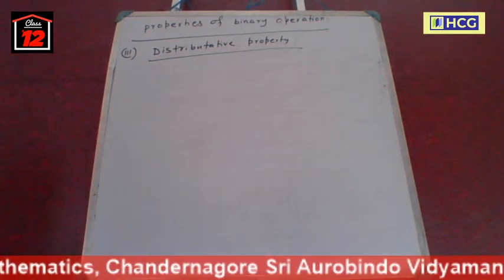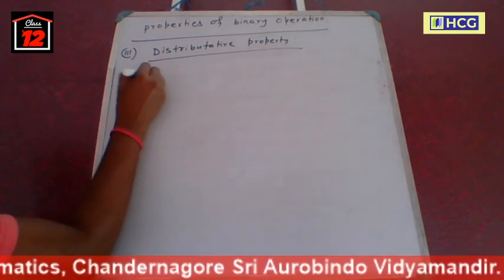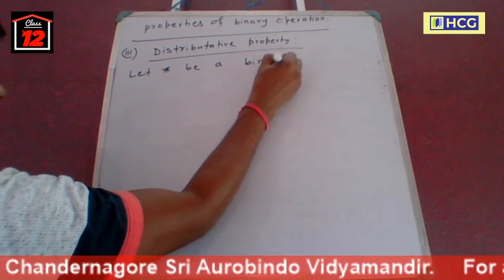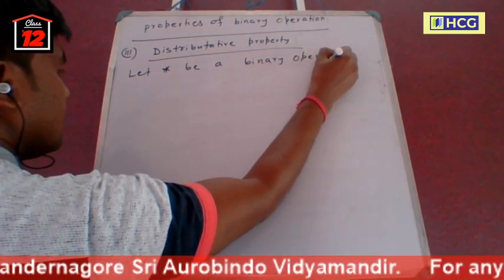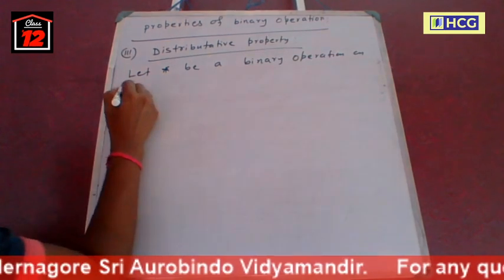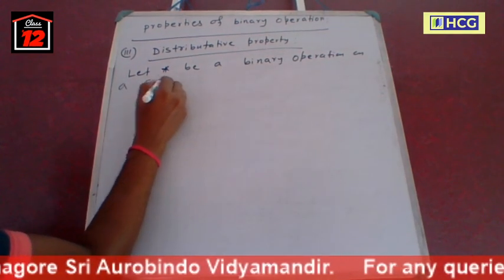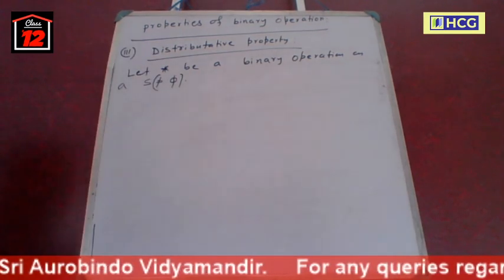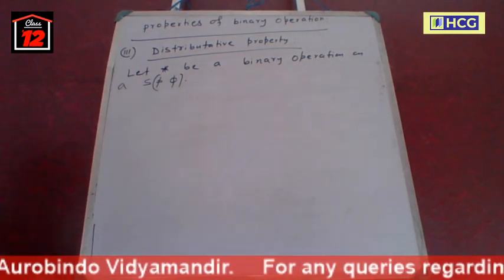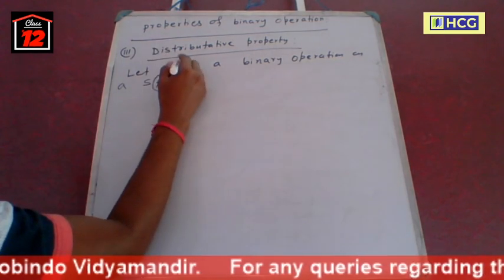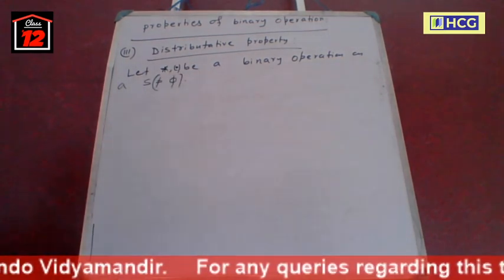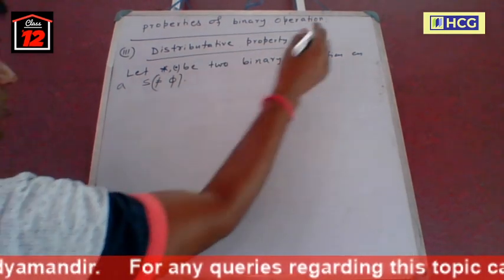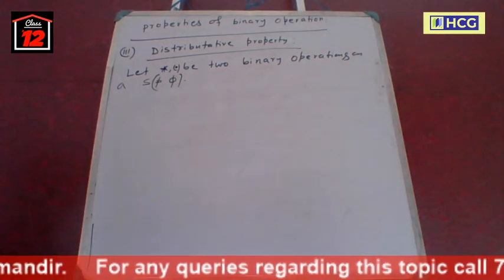Let star be a binary operation on a non-empty set S. On S, S is non-empty. We take two operations, star and dot. Let star and dot be two binary operations on a non-empty set S.